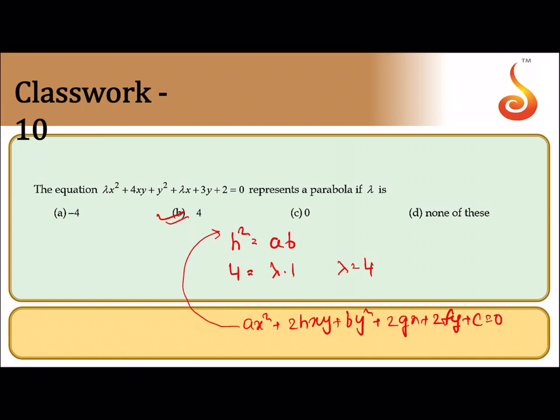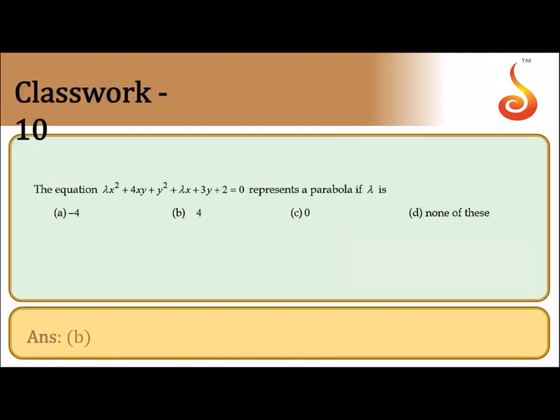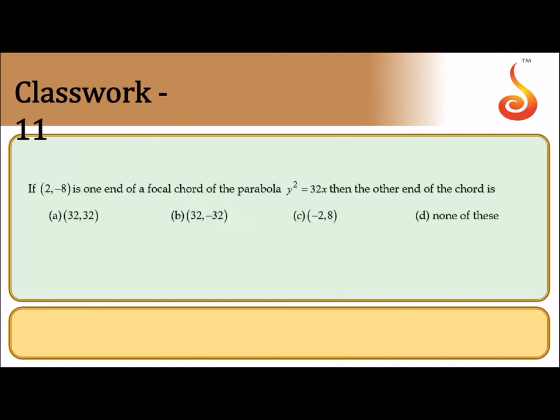In this, if h square is equal to AB, then it represents a parabola. So option B is correct.